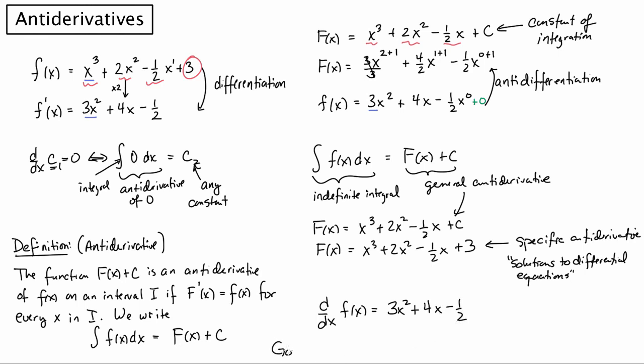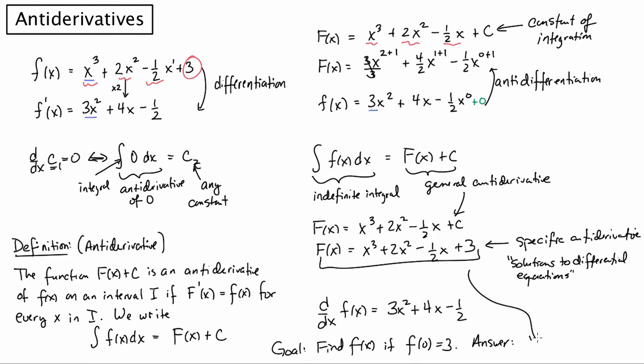Then my goal is to find f of x if I know that the value of f of 0 is 3. Then the answer to that is this specific antiderivative. So this, together with this condition, is called an initial condition.